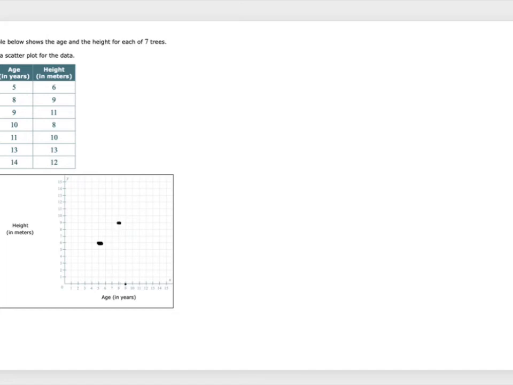We go over to 9 and we go up to 11 and plot a point. 10, 8. Go over to 10 and go up to 8.